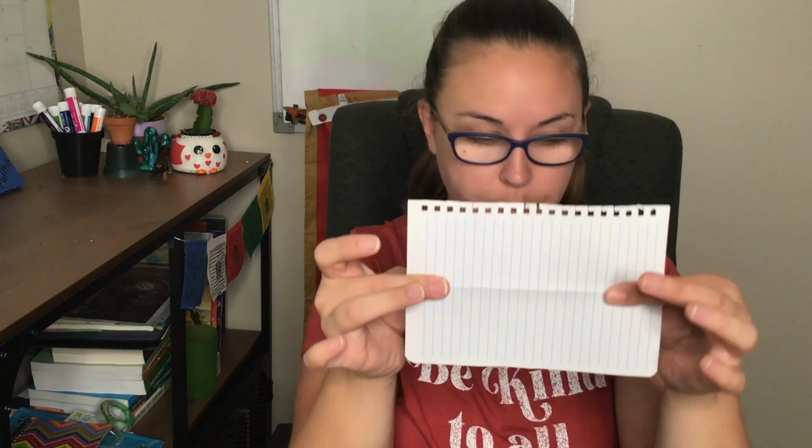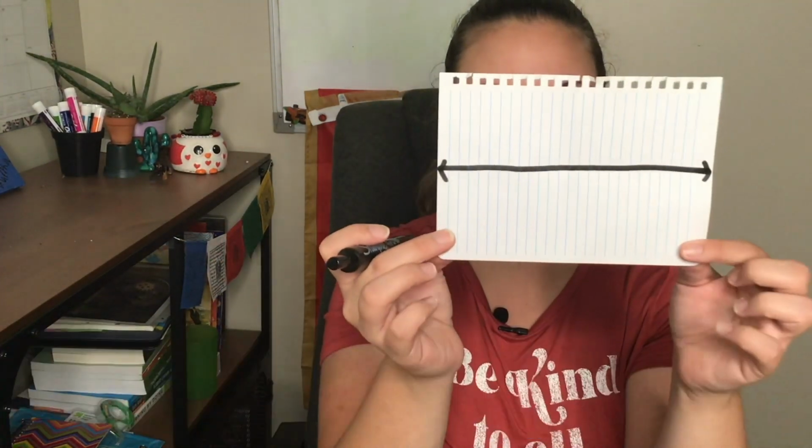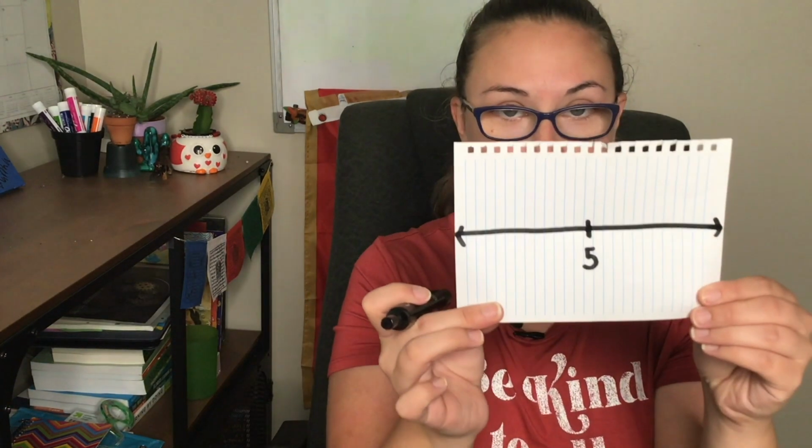And then what you'll do is you'll take a black marker and you'll just trace over the line that cuts the paper in half, the long edge. And then in the line on the middle, you're going to make 1 hash mark and mark that as 5.